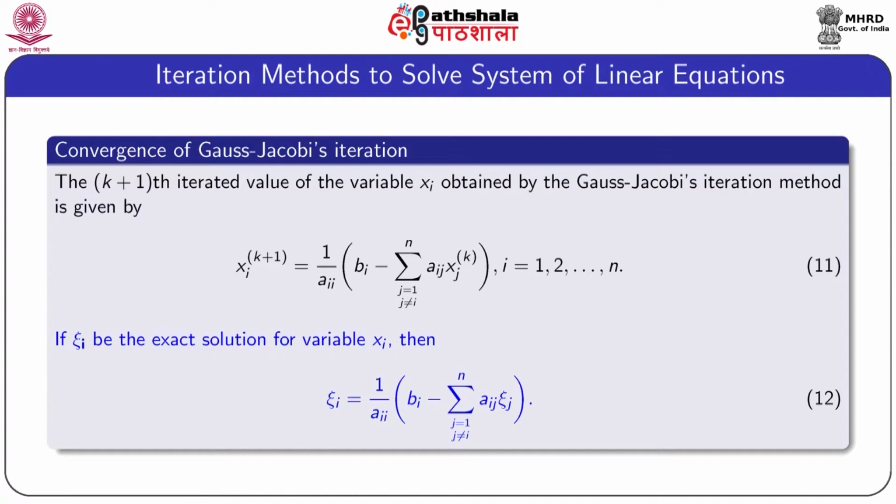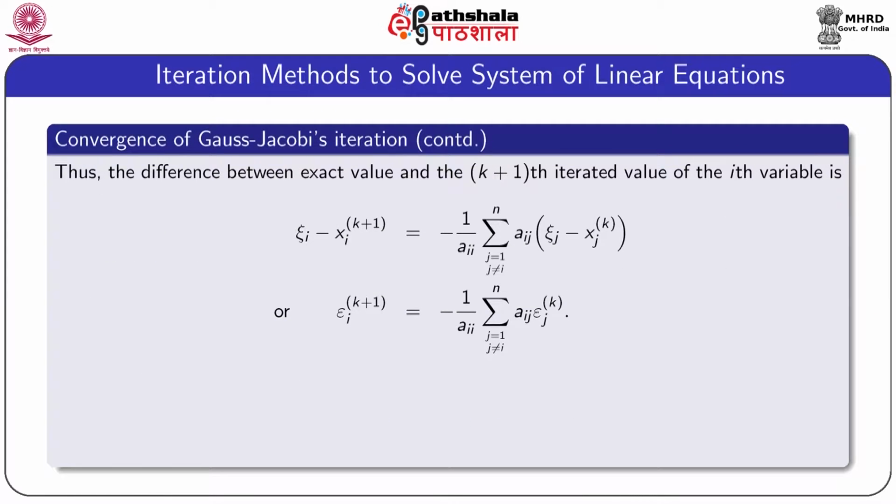If xi is the exact solution for the variable xi, then from equation 11 we can write xi equal to 1 by aii into (bi minus summation j equal to 1 to n, j not equal to i, aij xj). That means in 11 we replace xj^k and xi^(k+1) by xj and xi.